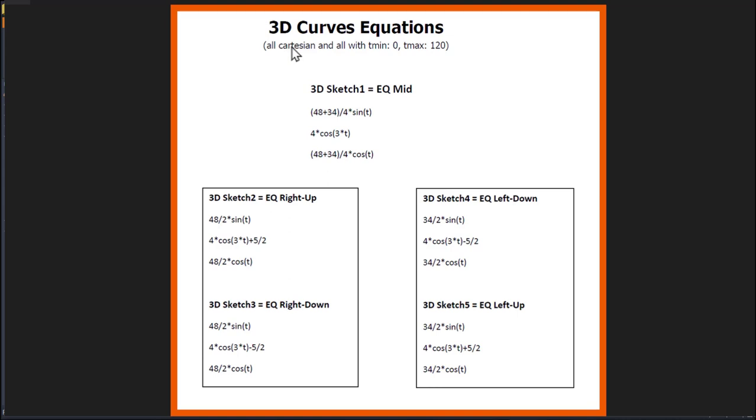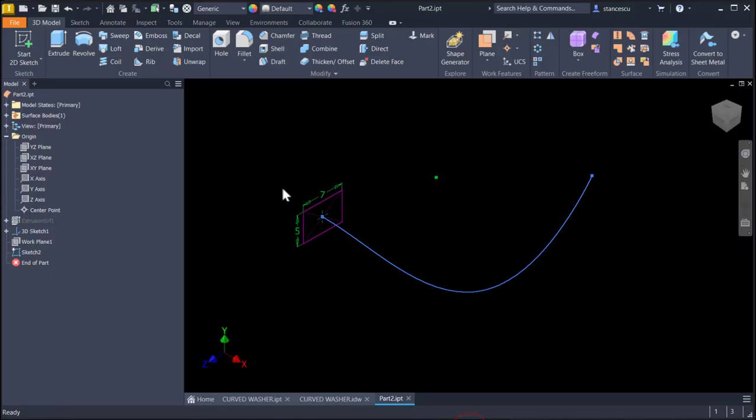Here you see that all the equations are Cartesian, and the limits are 0 to 120 as it was here. Let's do this. We start 3D sketch.